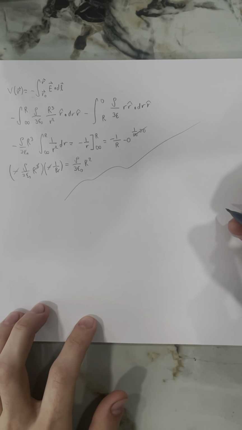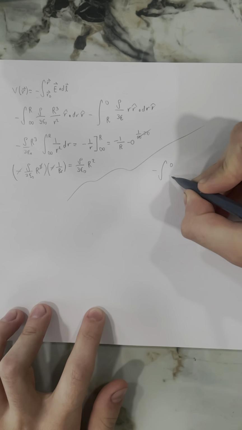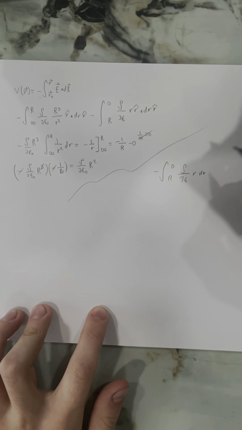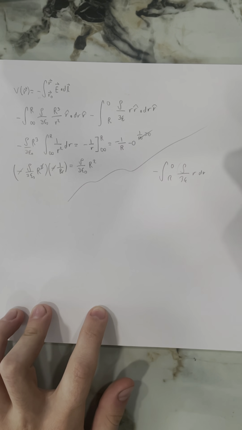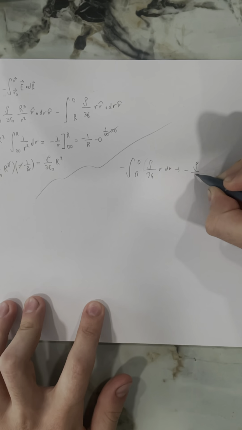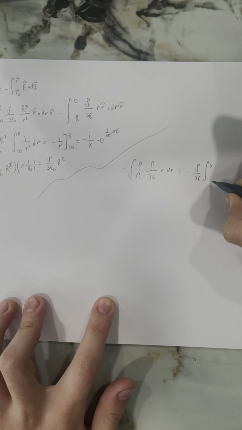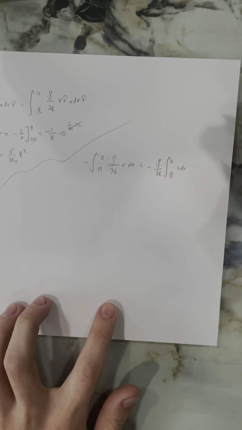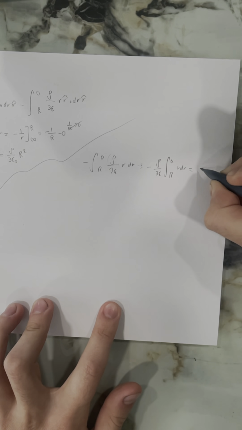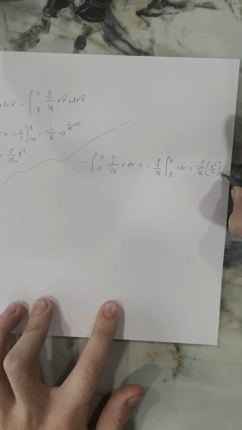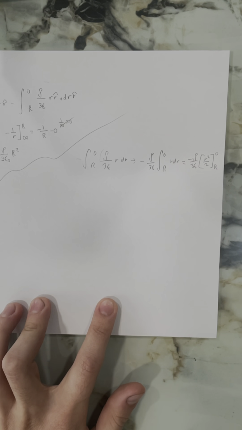And so if we do that, the following integral isn't too bad actually. We just have to solve for r dr. So we just have to factor these out of the integral, which gives us the following. And so this is just basic power rule stuff, which gives you r squared over 2, lower bound capital R, upper bound 0.